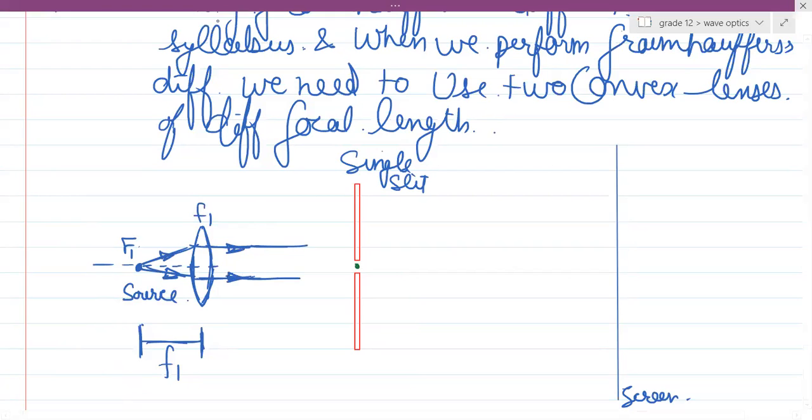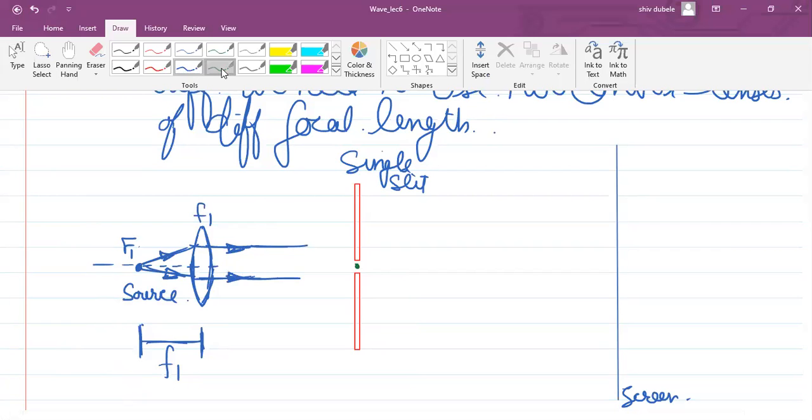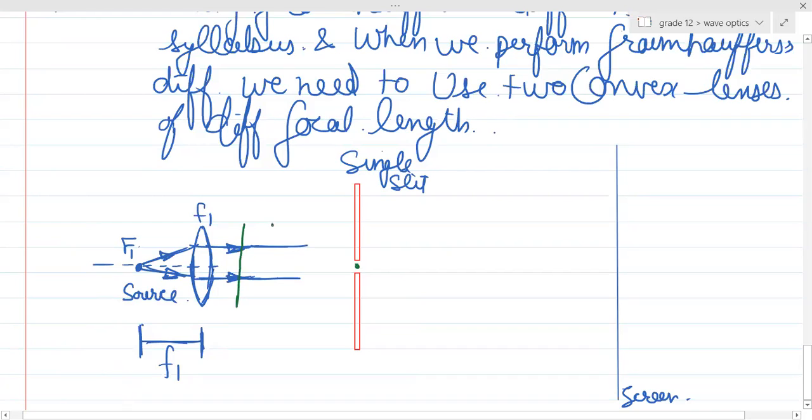Yes or no? So can you understand where exactly the first lens is placed? Shall I write it over here?